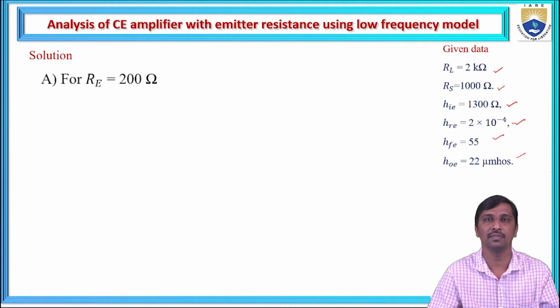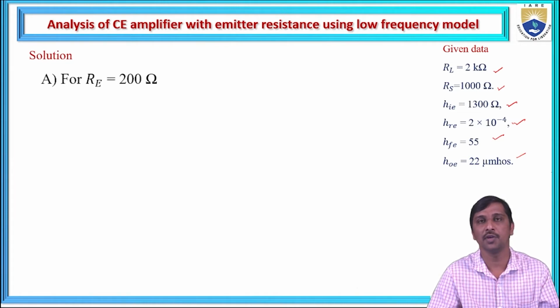But in our problem, they are also considering the emitter resistance. Hence, we need to verify whether hoe times of RL plus RE is less than 0.1 or not. If it is less than 0.1, then we go for the approximate model, or otherwise we go for exact model analysis.